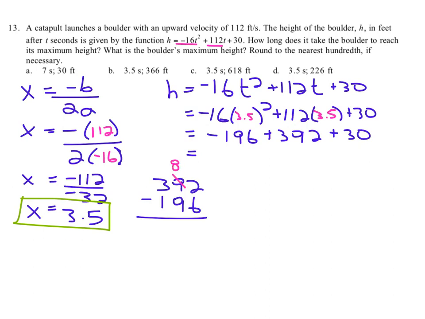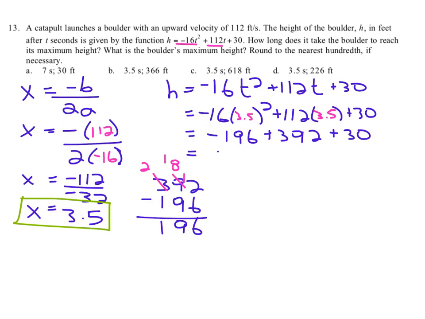Make that an 8. That's 12. 12 minus 6, 6. Now 8 isn't enough to take away 9, so I got to borrow from 3 and make it 2. That makes that 18. 18 minus 9, 9. 2 minus 1, 1. Oh, look at that, same number. So I guess 392 is 196 doubled.